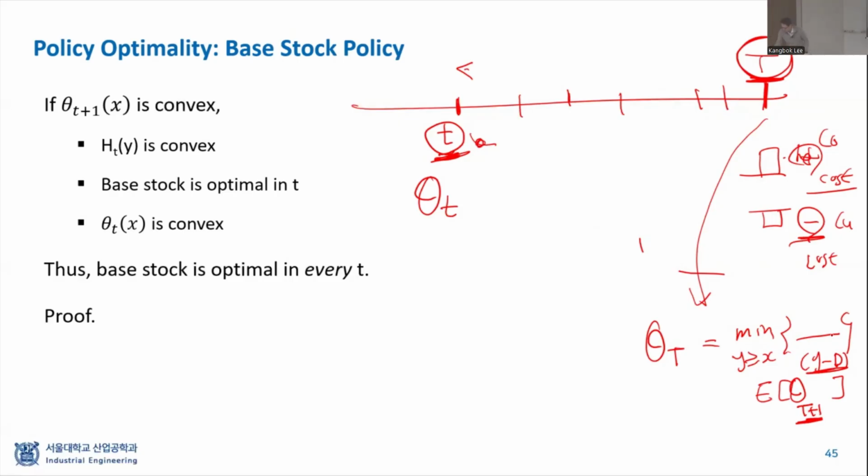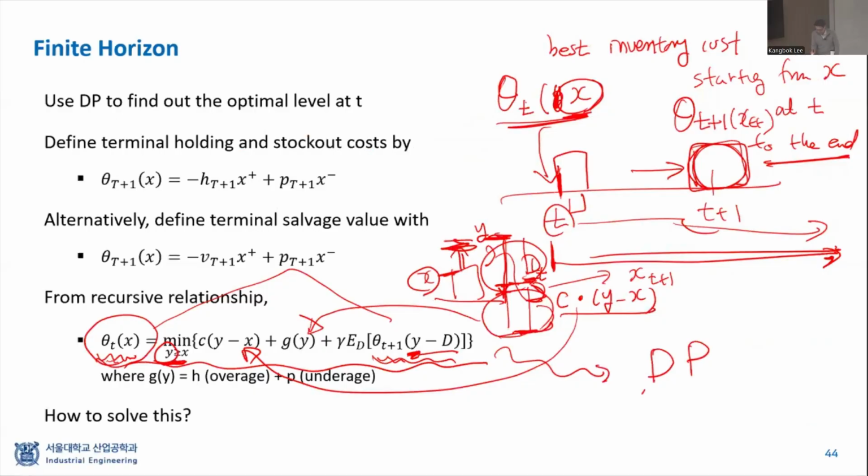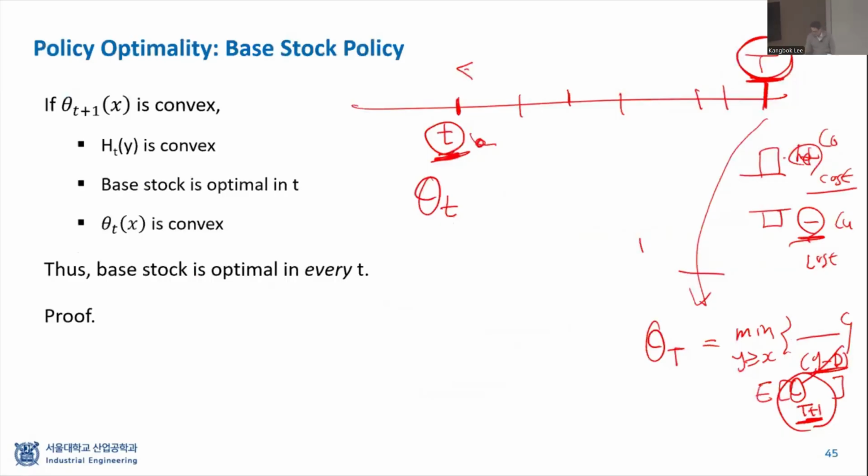So there's no d here, and I can define this in many formulations, but the simplest formulation we can take is maybe for any shortage, I recognize some cost, and for any remaining, I can sell it at a low price. It can be regarded as minus v because this is cost, and if I can sell it, I can make some money, which is a negative number of the cost. So anyway, I can define this theta_T plus 1 as a deterministic function.